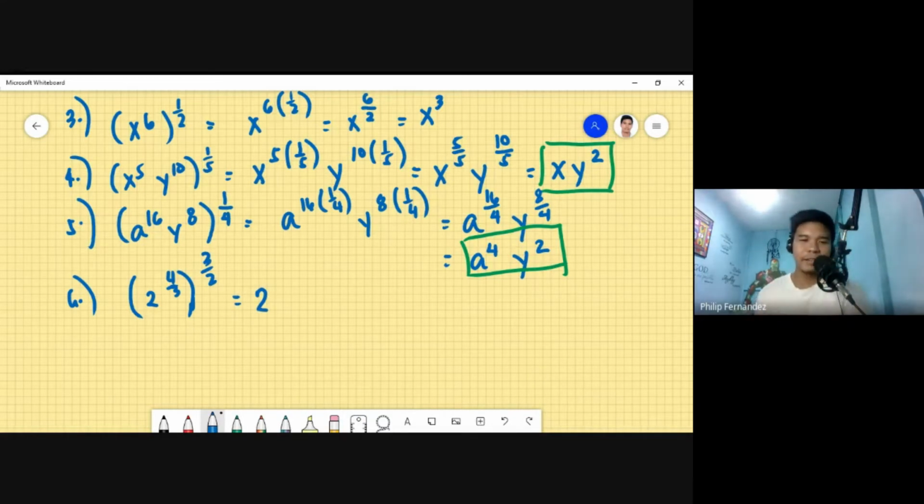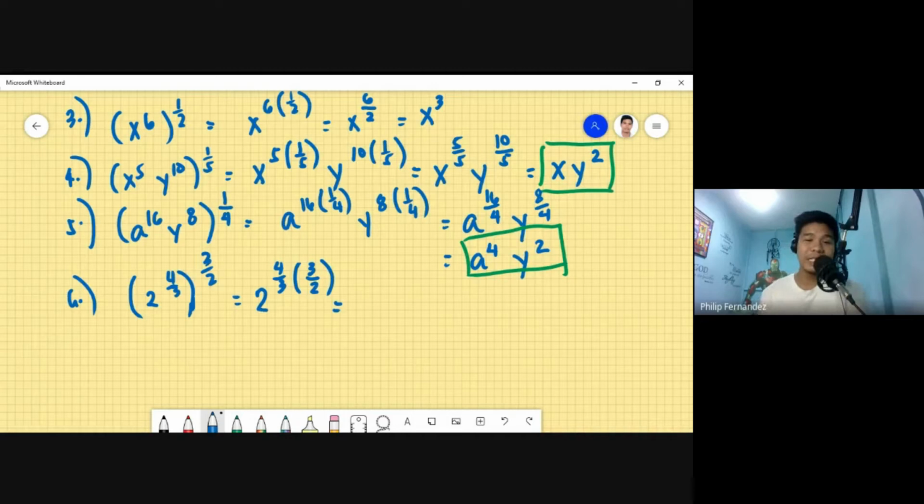After that, raise to 4/3 times, or multiply to the exponent outside the quantity. So as you can see now, we're going to multiply two fractions. When we multiply two fractions, minumultiply lang natin yung numerator to the numerator and denominator to the denominator.